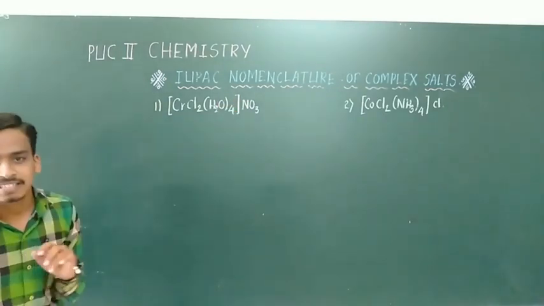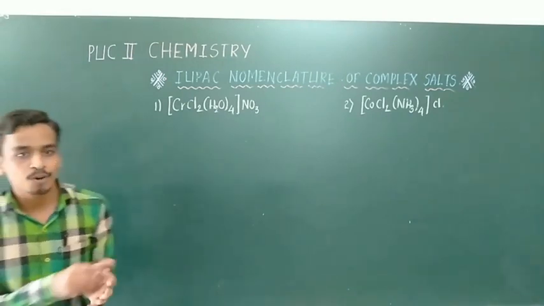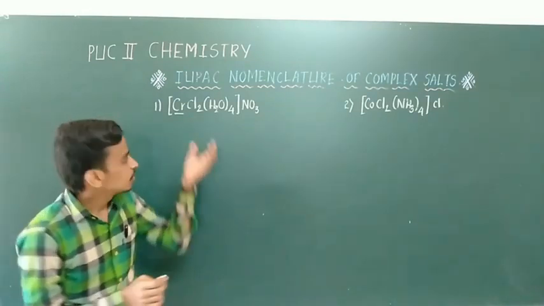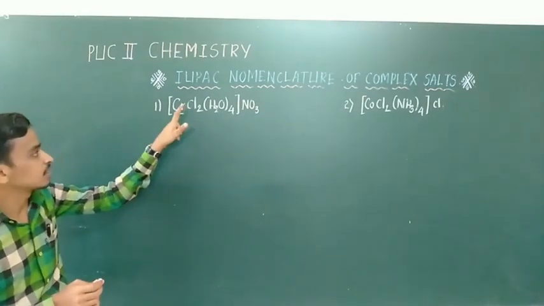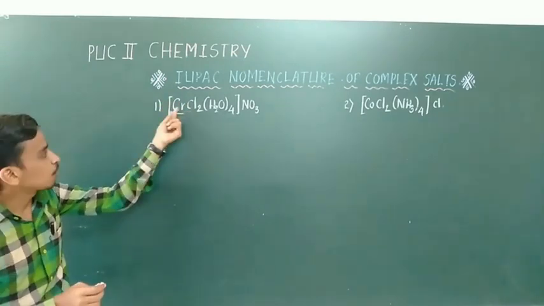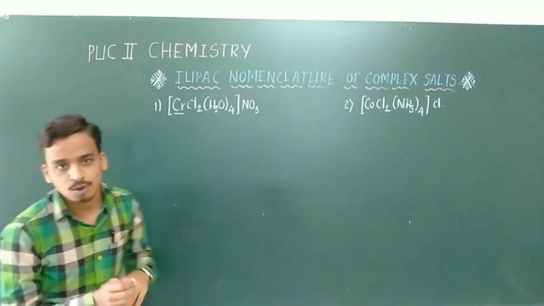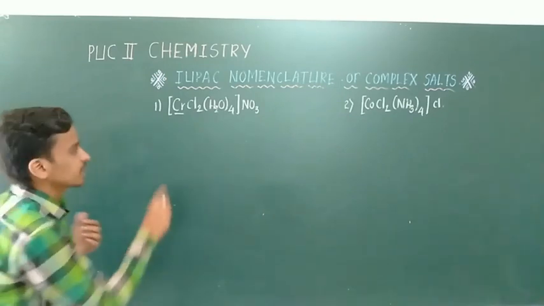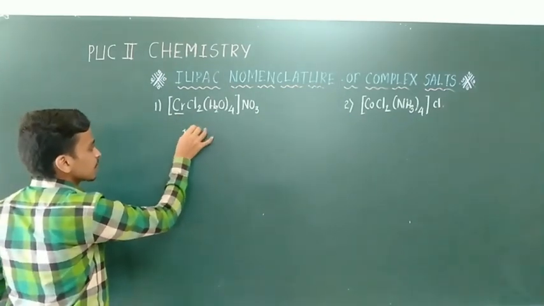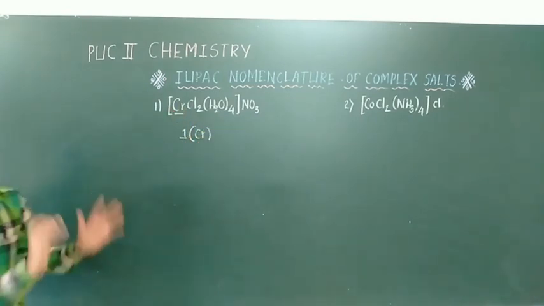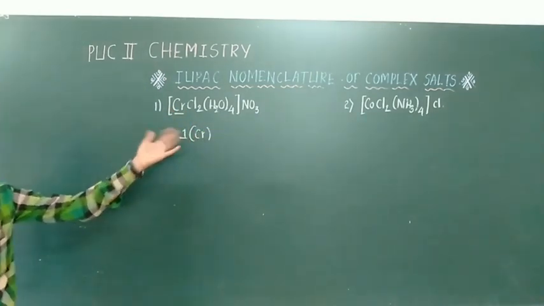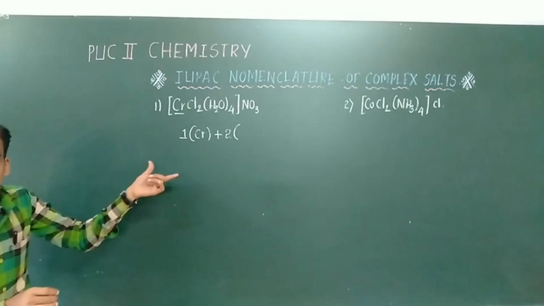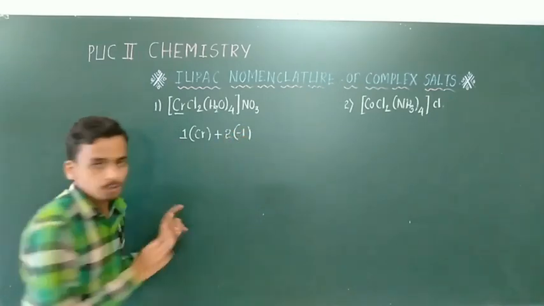After identifying that this complex ion is cationic, next important is to calculate the charge present on the central metal atom. In this complex, the central metal atom is chromium. How much charge is on this chromium will be solved now, then only you can get the final answer. To calculate the charge, you already know how many chromium atoms are present here. Only one chromium, therefore 1 into its unknown charge, plus chlorine, there are 2, the standard charge for chlorine is -1, therefore 2 into -1.